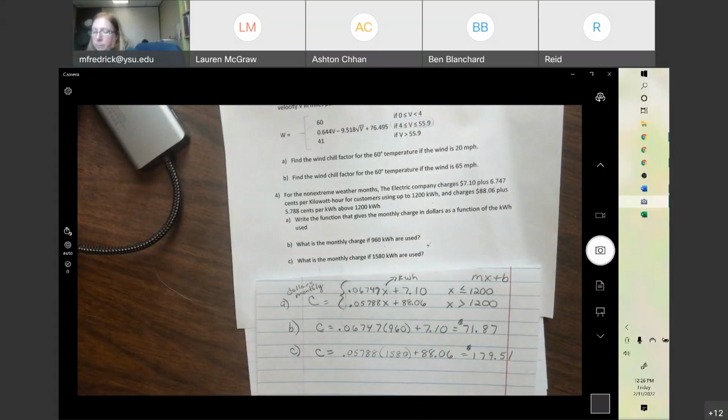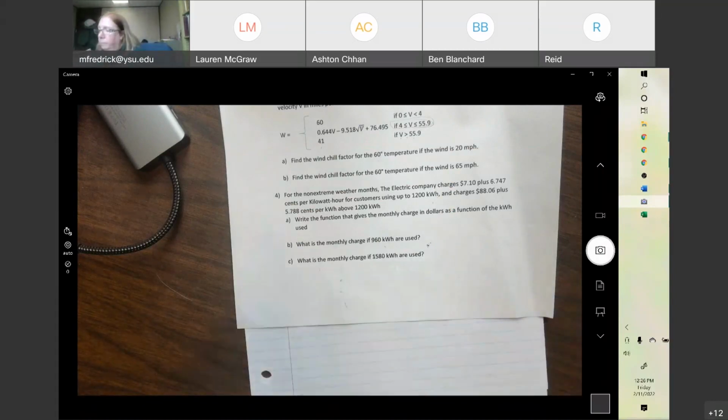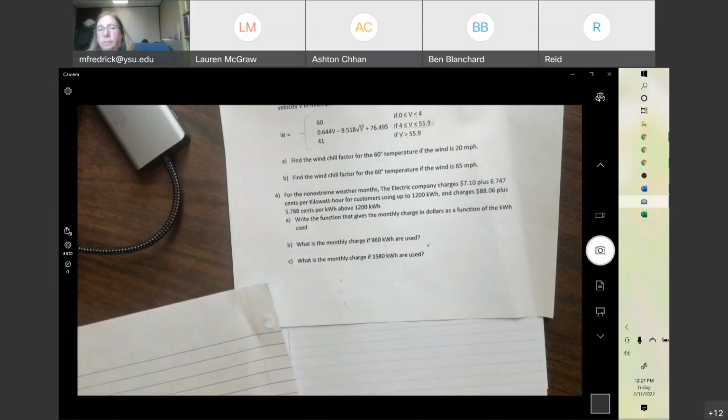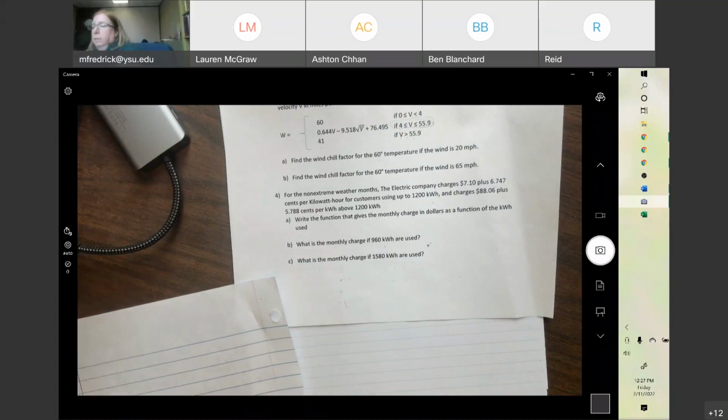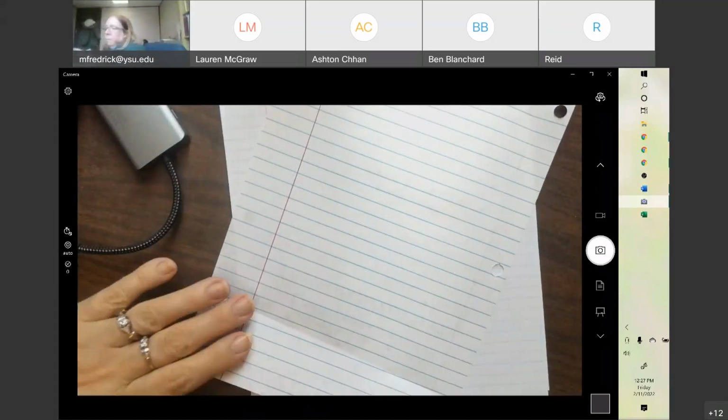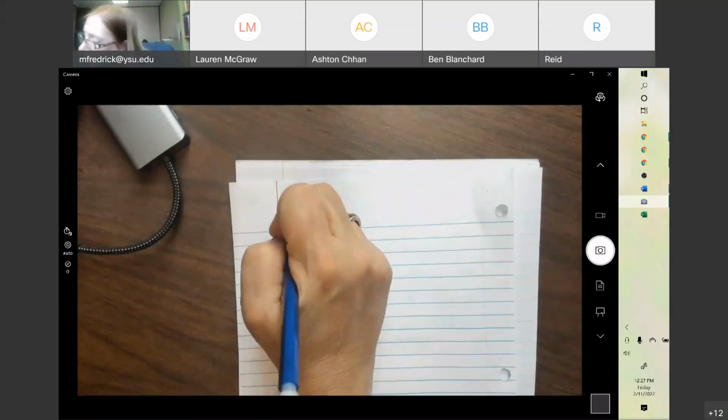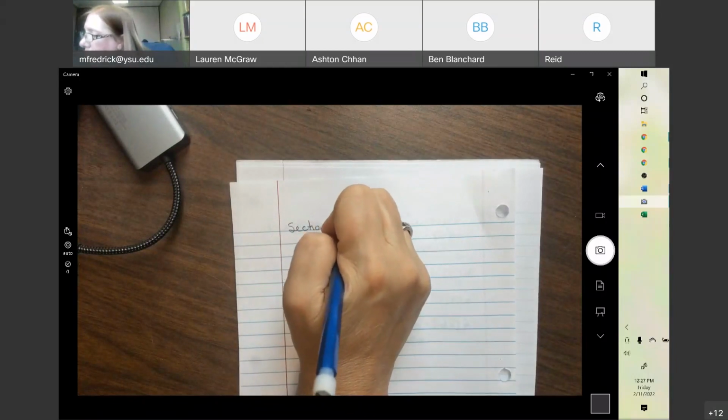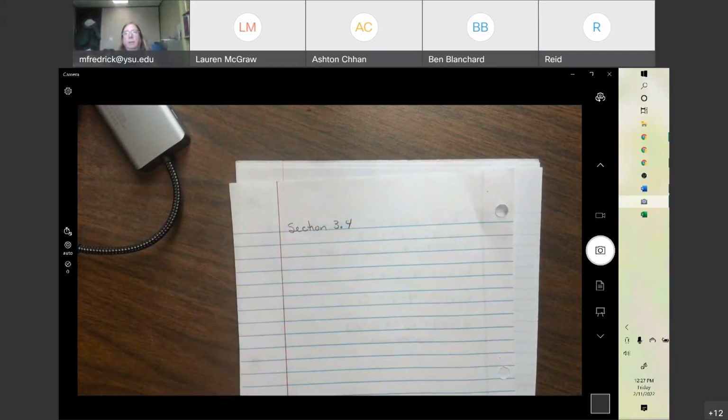Any questions on that? Any questions? Section 3.4 is giving you data, and we did use it already to make a scatter plot with a linear trend line.